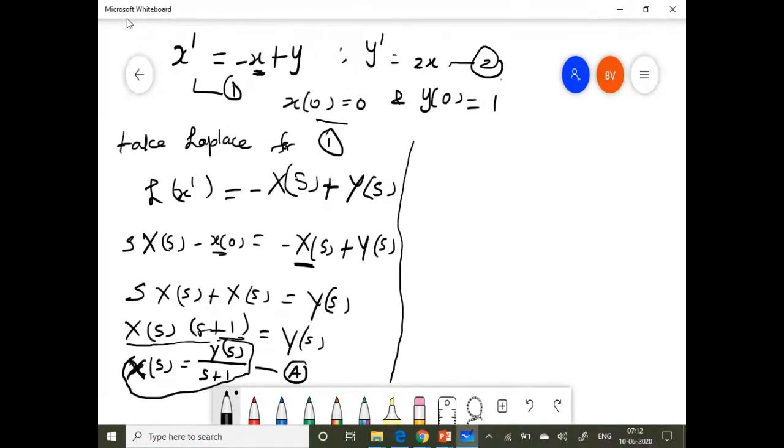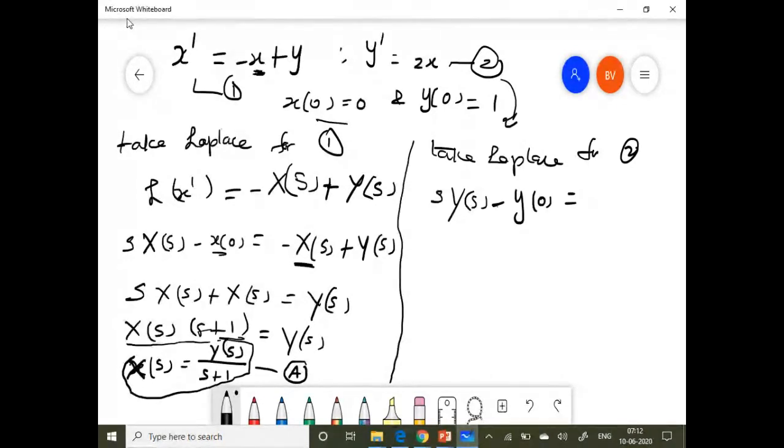From the second equation, take Laplace. For 2, what do you get? Laplace of the first derivative will be s times Y of s minus y of 0 is equal to 2 times the Laplace of x, capital X of s. And y of 0 has been given as 1.